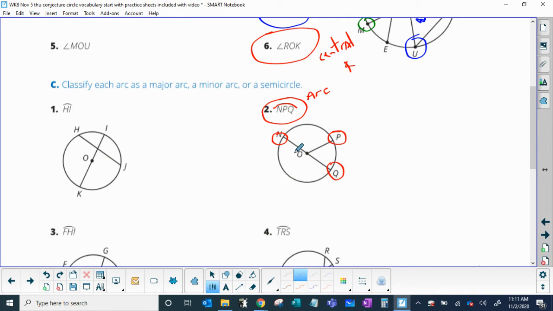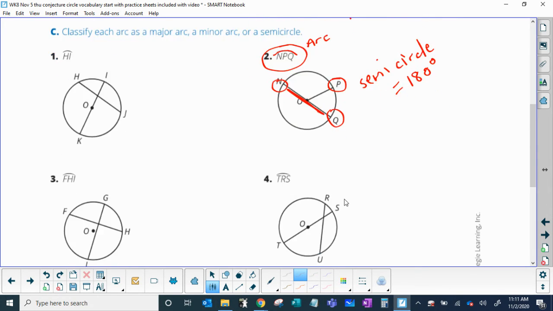NPQ. Looks to me like it's a semicircle. Okay, it's right at 180 degrees. Okay, so now we're going to go to TRS. We'll change colors here. It's an arc, TRS.